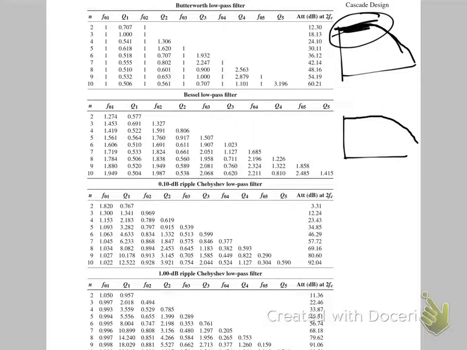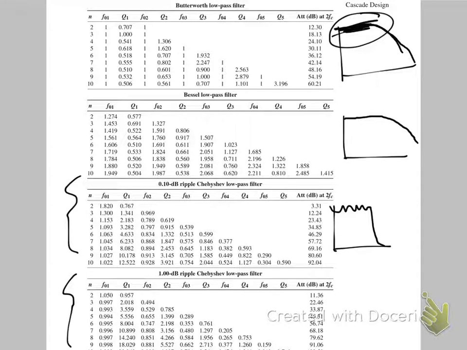That's for your Bessel and your Butterworth, but if you want to have a sharper cutoff, you have to use a Chebychev amplifier. The one trade-off when you use a Chebychev amplifier is there are ripples in your pass band.